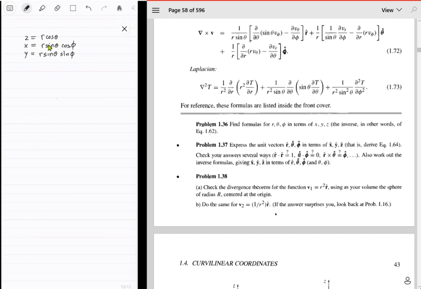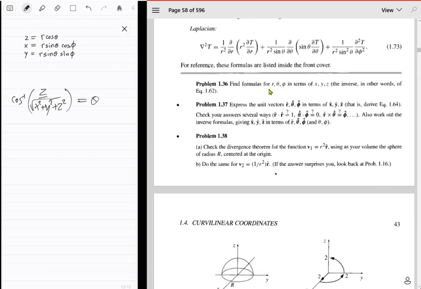It's just z upon r. r is just square root of x squared plus y squared plus z squared, and cosine inverse of that. Now, this thing does lie in the range that I want it to be in. So that's what theta will be. This is the formula we are looking for, right?